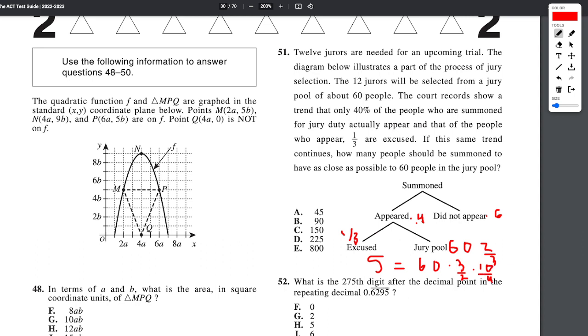So 60 times 3 times 10 divided by 8 is 225. It's 225. Alright, D. And you can double check that: do 225 times 0.4 times 2/3, and that should be 60. Alright, let's go to the next one.